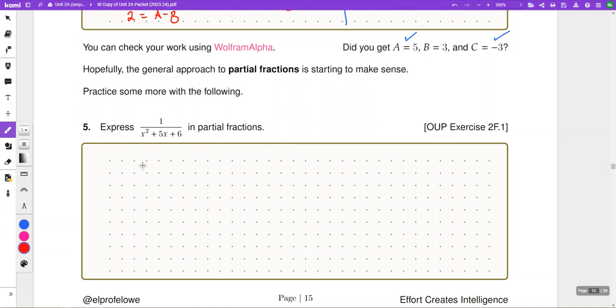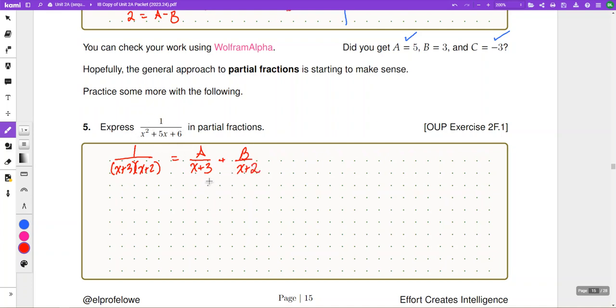Okay, so our first step with partial fractions is to consider what the factored form of the denominator is, and that would be in this case x plus 3 times x plus 2. And so we're going to consider our possible terms that when combined would get us this single fraction.